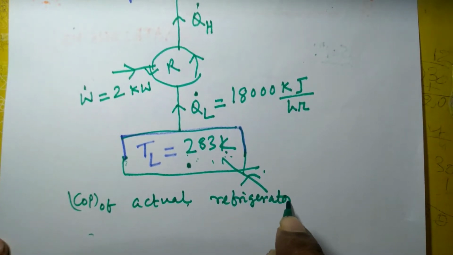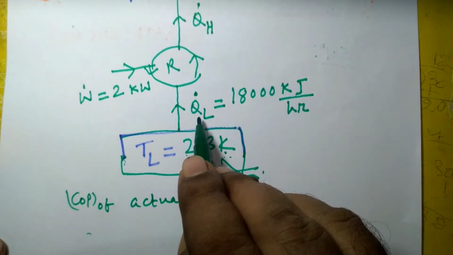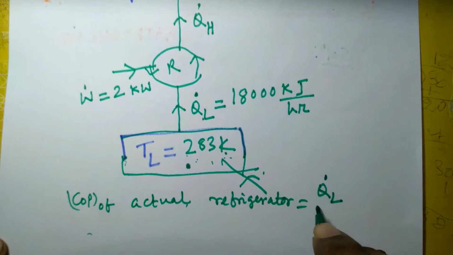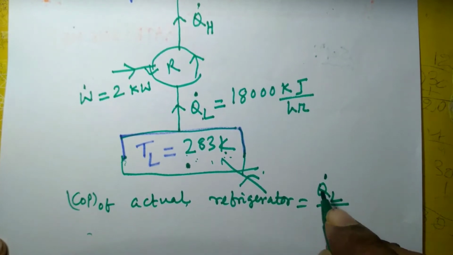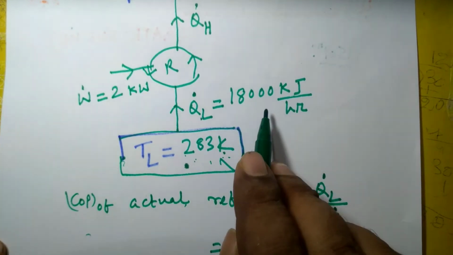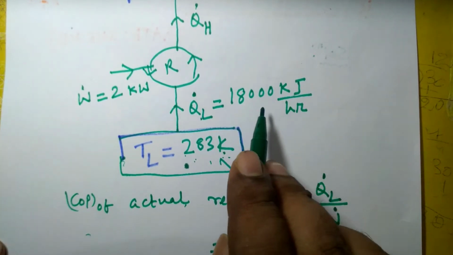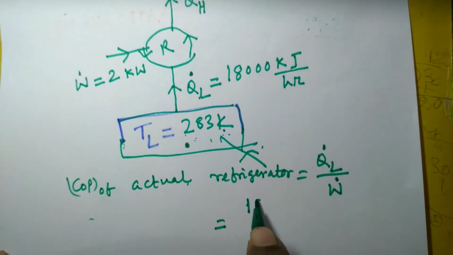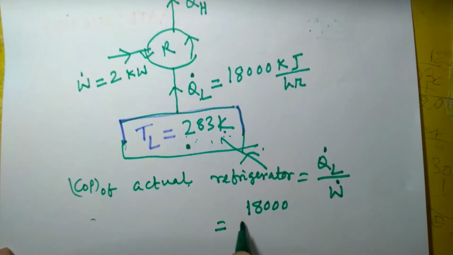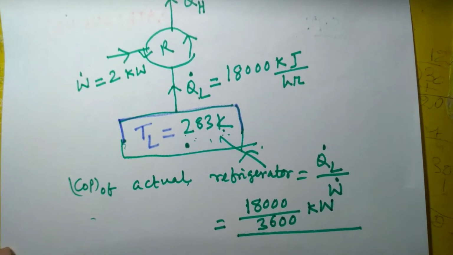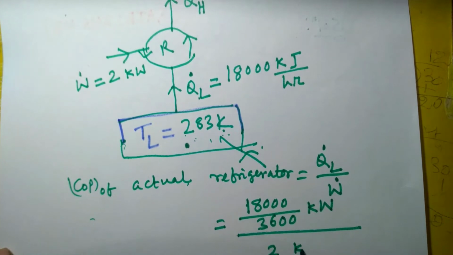is desired effect by work input, that is Q dot L divided by W dot. This is refrigerator, desired effect is this Q dot L. This is equal to 18,000 kilojoule per hour. We have to convert this into kilowatt. So that is 18,000 divided by 3600 kilowatt divided by 2 kilowatt.